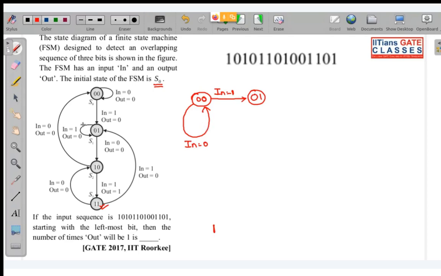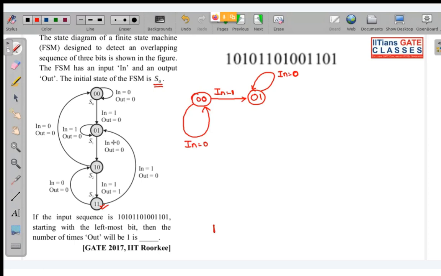Now check over here. At the moment I am telling you to ignore the output. If at this place you apply input 1, you will be staying at the same state. So this is not required. You need to move to the next state, because you want to count the sequence.